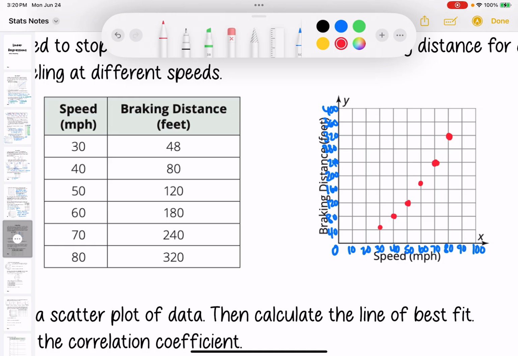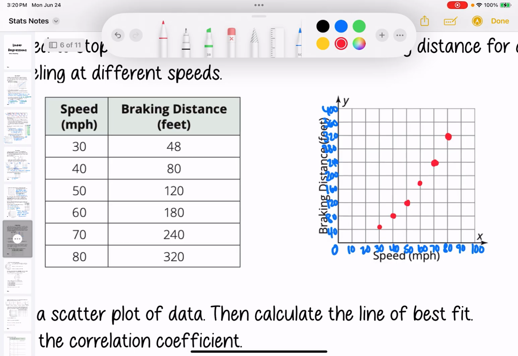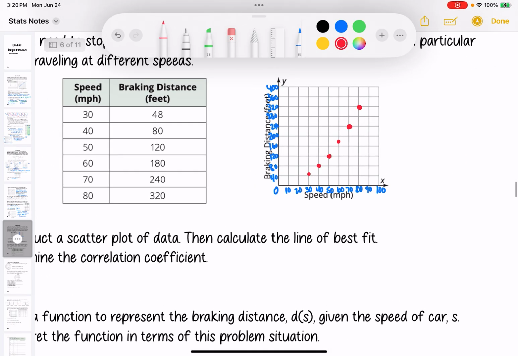By now you should feel comfortable enough typing these tables into Desmos to get the equation. So I'm just going to give you the equations today because we do have 4 pages to go over, to save us a little bit of time. When you type this into Desmos, you should get y equals 5.4x minus 134.